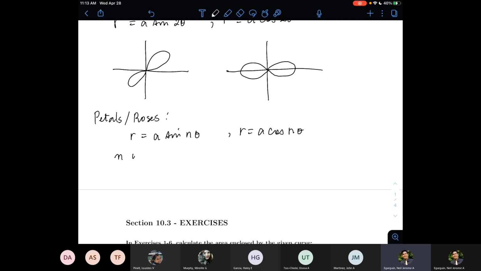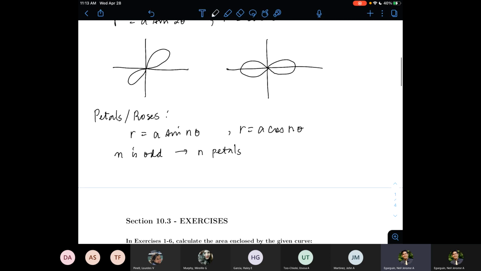So if n is odd, then you will have n petals. I don't know, how did you call it in the lecture? They say n petals or n leaves, or I'm not sure. I forgot what is written in the textbook, but I usually call them roses with n petals. When n is even, you will have a rose of 2n petals.